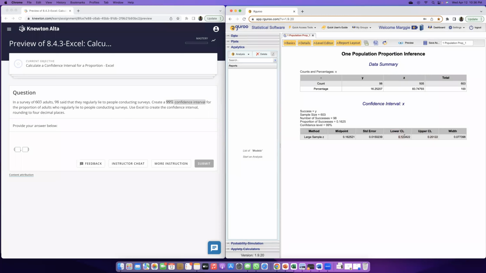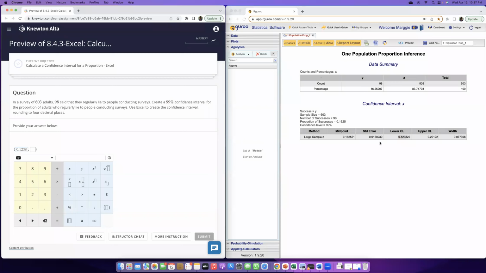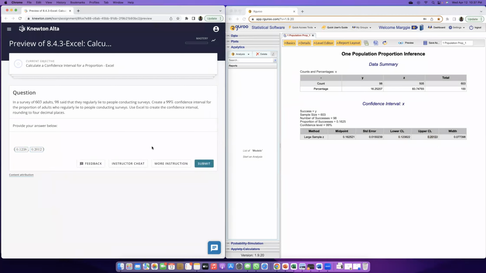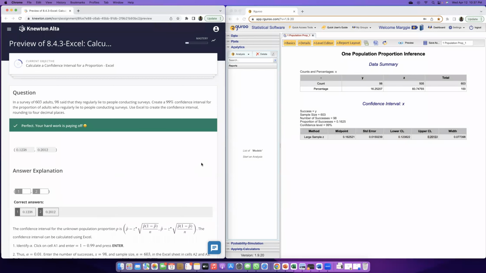We need to round to 4 decimal places, so the lower is 0.1238. And you can actually copy and paste from one place to the other. And the upper is 0.2012. And again, it's a 2, so we don't need to round. So that should be the confidence interval for this problem.